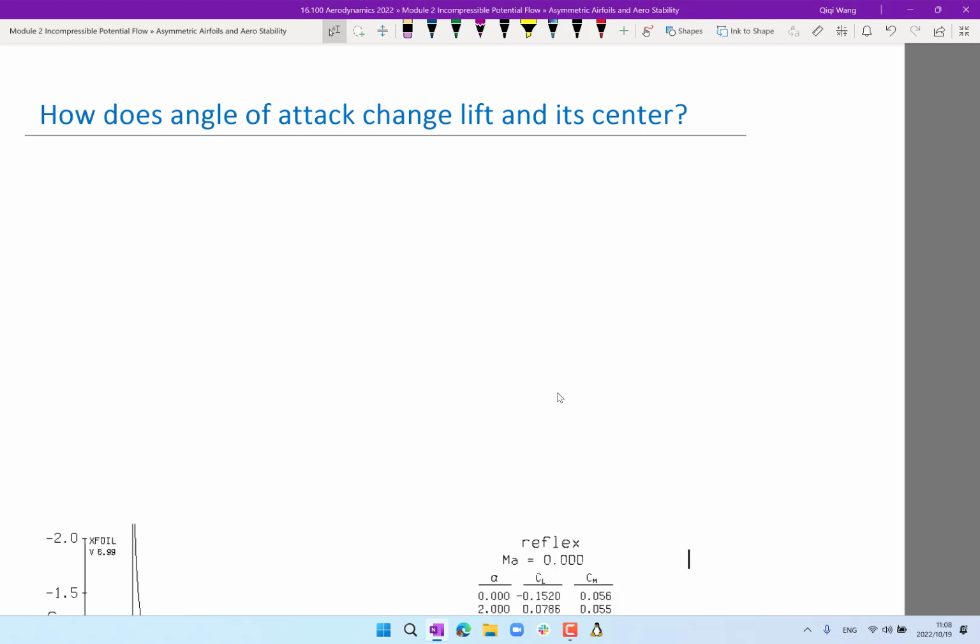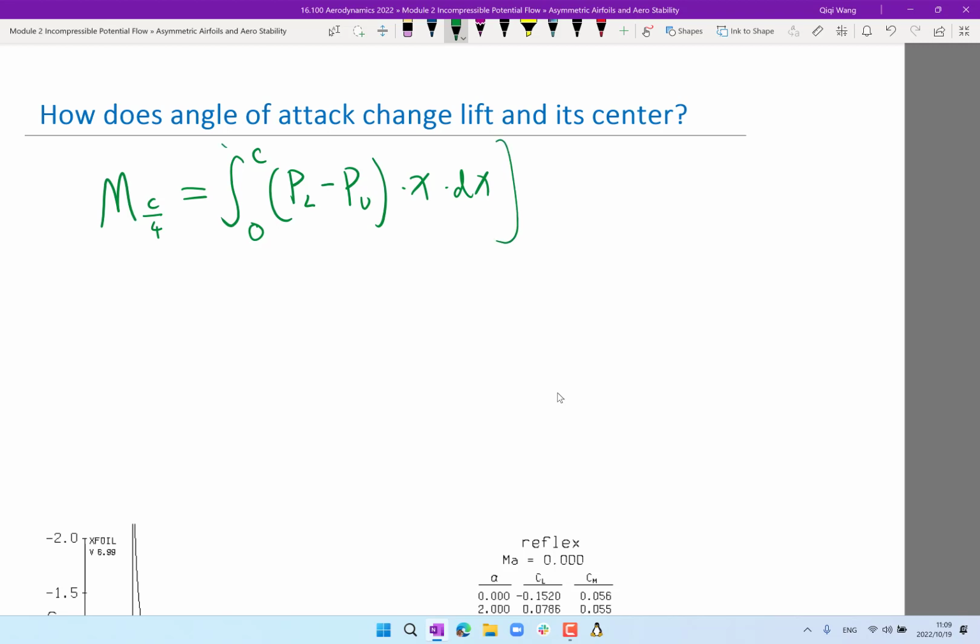Right? So remember, the moment around a particular location, let's say the moment around the quarter chord, is equal to the integration from 0 to c of the delta pressure, pressure on the lower surface minus pressure on the upper surface, times x times dx.